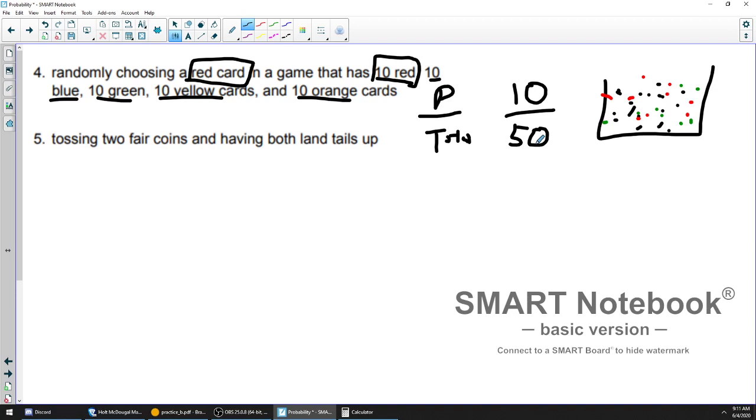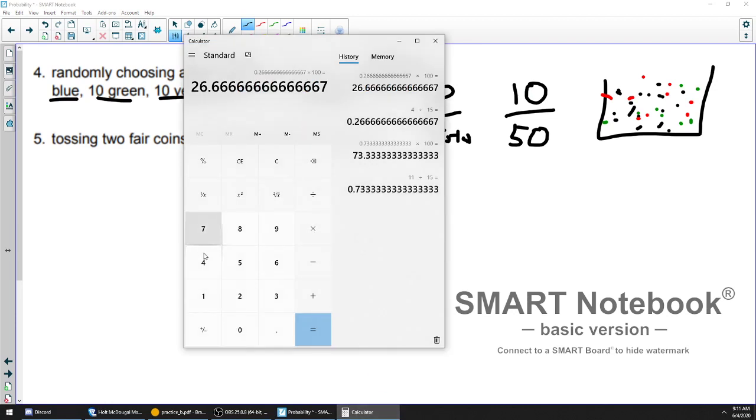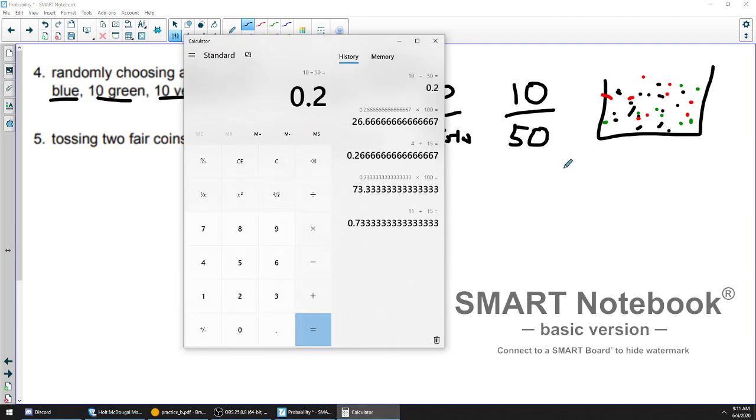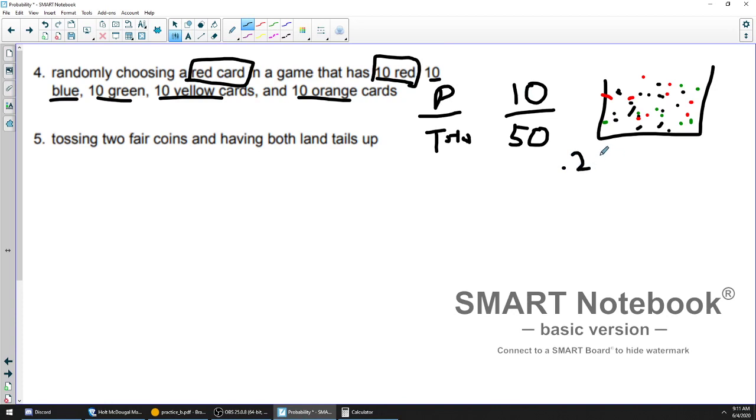Okay? And we can turn this into a decimal by dividing 10 divided by 50. We would get 0.2. And if I want to turn that into a percentage, I can multiply by 100, or I can move this decimal 2 places over to make 20%.